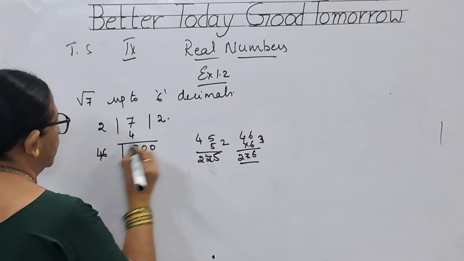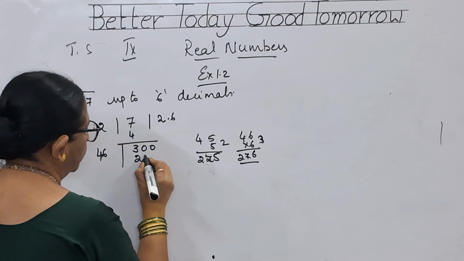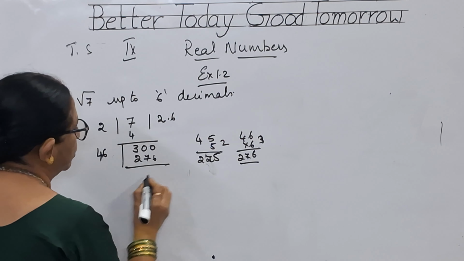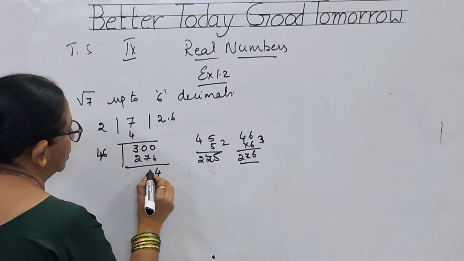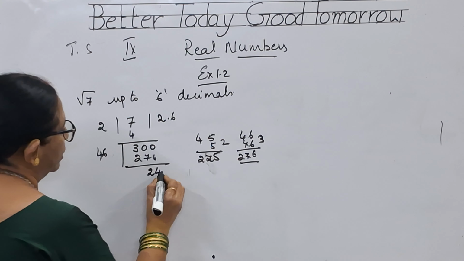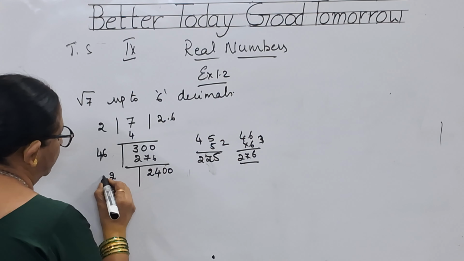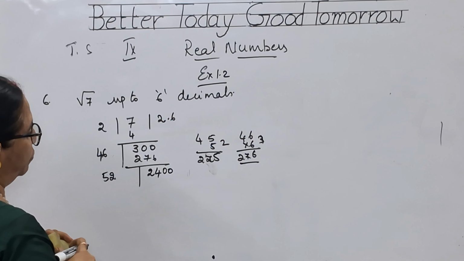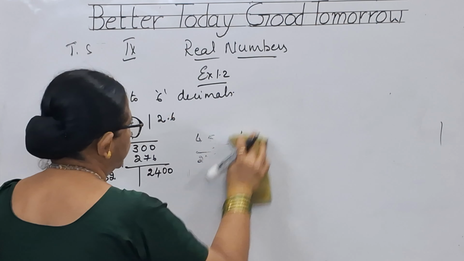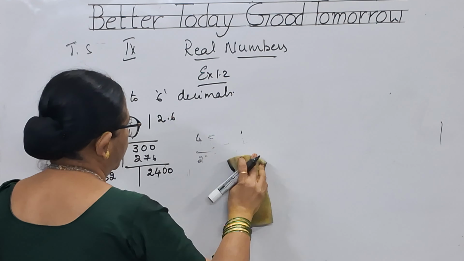That is 2, 7, 6. So how much are you getting here? 4 you are getting, 2 you are getting. And take 2 more zeros. This is 12 and 5, so 52 you are getting.